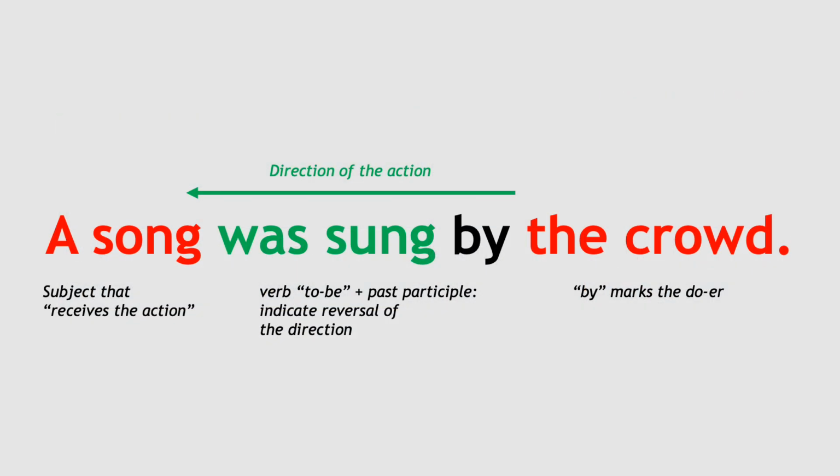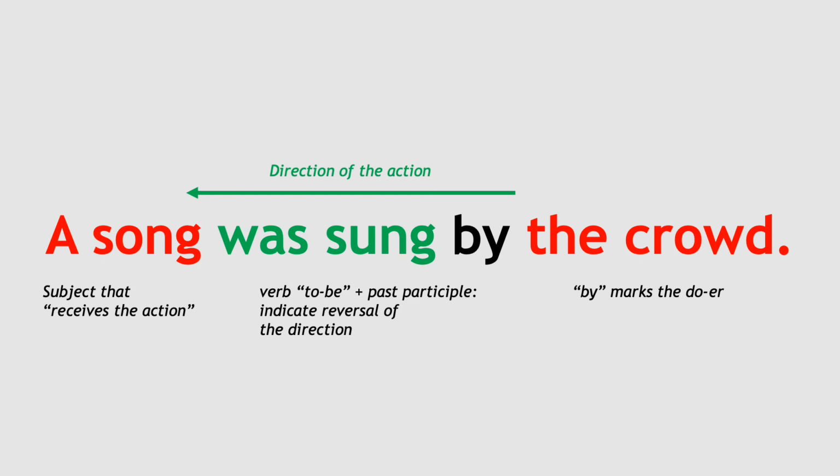If we go back to our example, the original sentence in active voice was the crowd sang a song. The verb sang is in past tense. So when we convert the active sentence into a passive voice, we have to keep the past tense as well. So the resulting sentence would be a song was sung by the crowd.